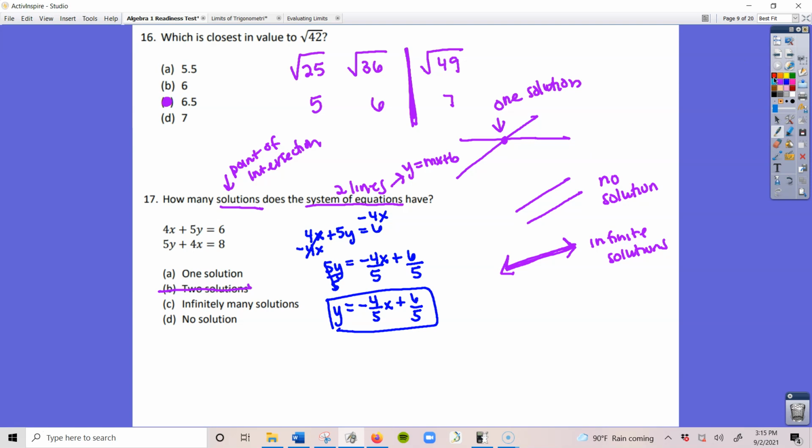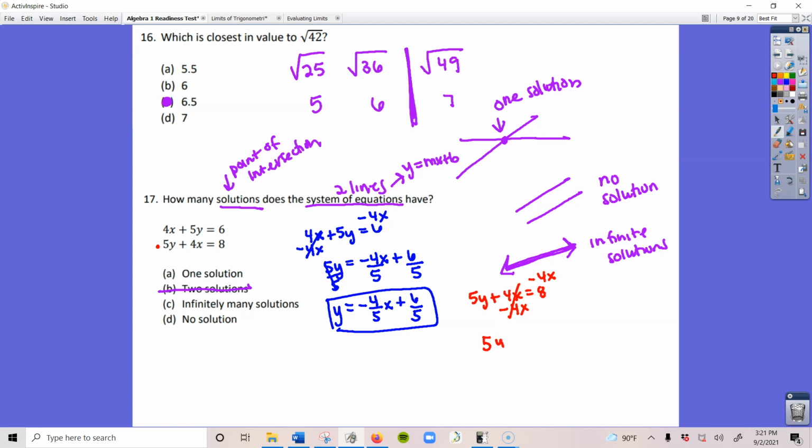Let's do the other equation. The second equation, this one, is 5y plus 4x is equal to 8. So we're going to solve for y. So first we need to subtract the 4x, because remember, we're trying to get the y all by itself. So we need to move everything to the other side so we can get that y alone.